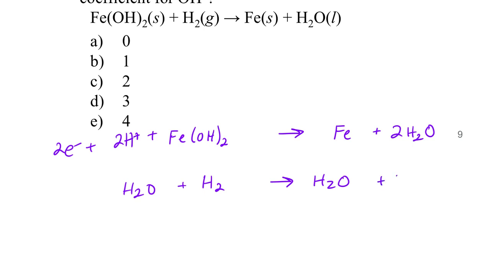So we need to add 2 H plus in order to balance those. And then in terms of the charge, overall 0 on reactant side, +2 on the product side. So to balance that, we add 2 electrons to the product side.